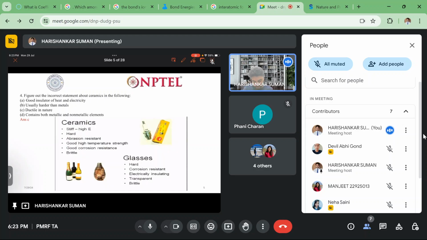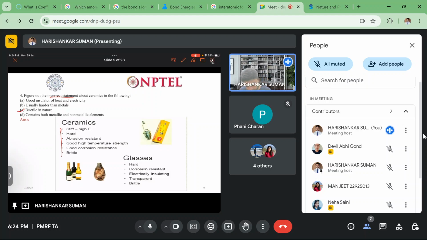Please also look at the properties. Stiffness high, hard, and good high temperature resistance, brittle, good corrosion resistance. These are the ceramics, but we have to find the incorrect statement. So metals are ductile, we have already seen in previous slides.